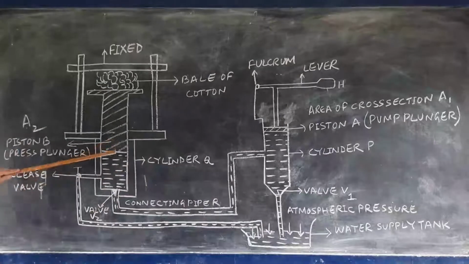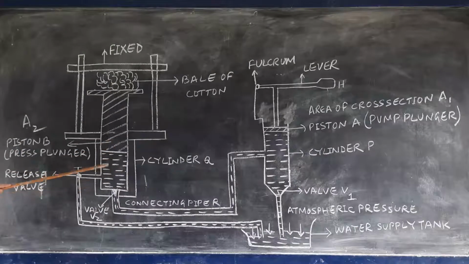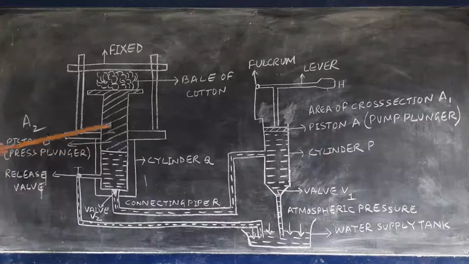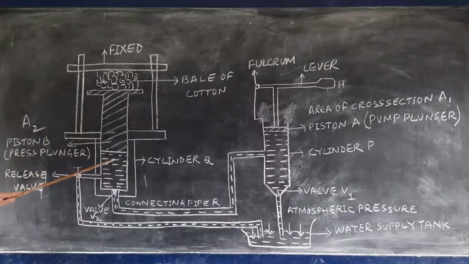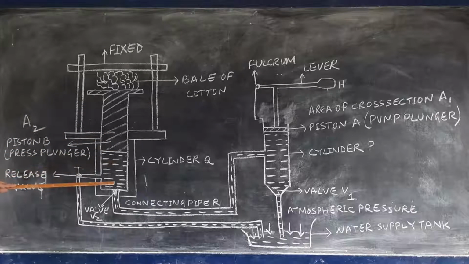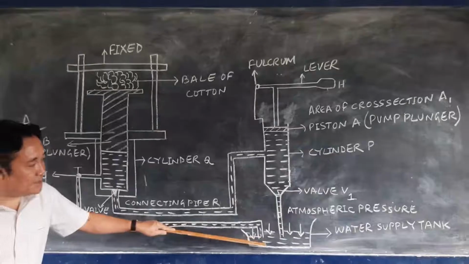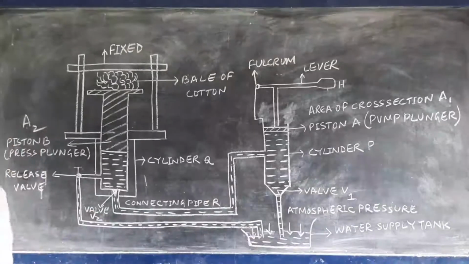Then the other one is cylinder Q, and at the base of cylinder Q there is a release valve. After the machine completes its work, the water from this cylinder is released by opening the valve, and the water is collected back in the reservoir.